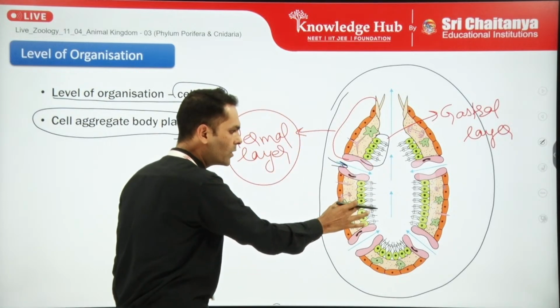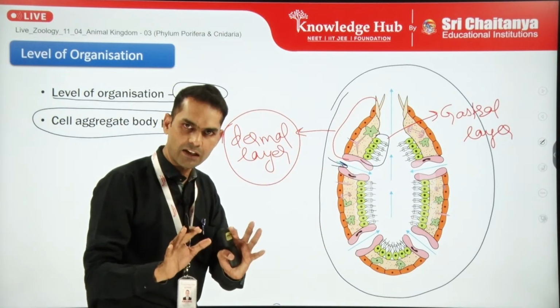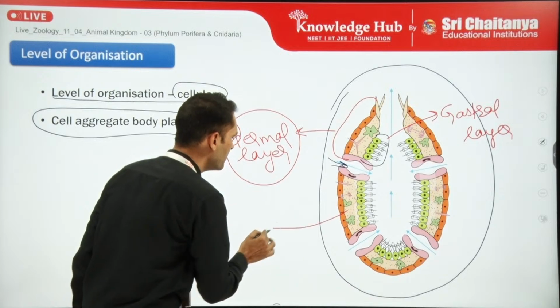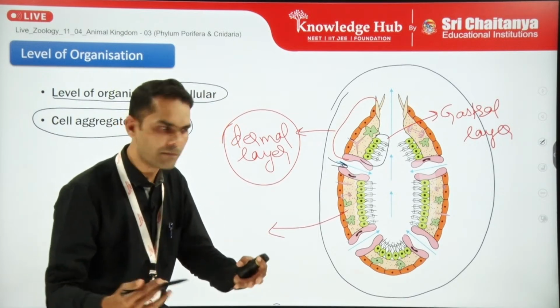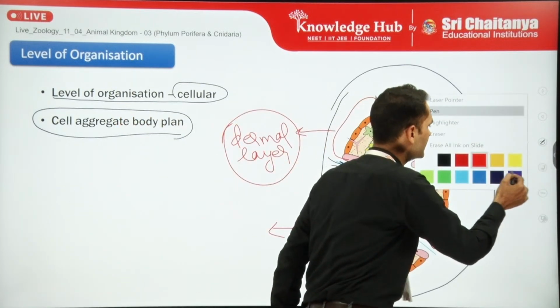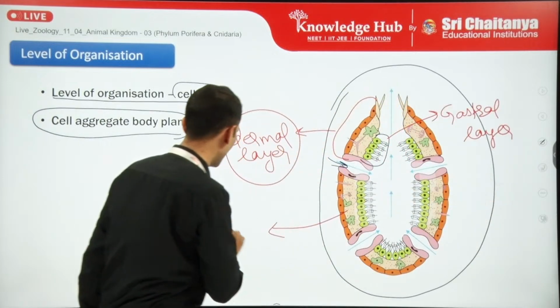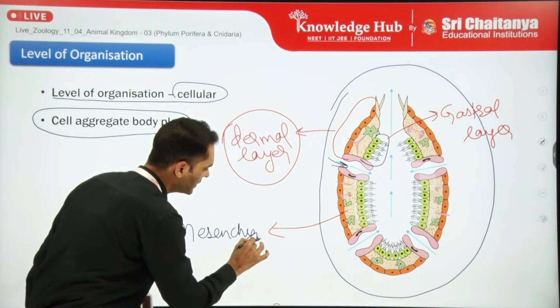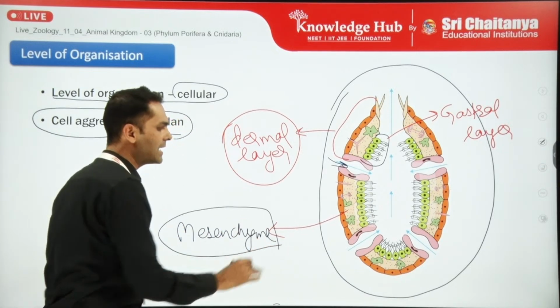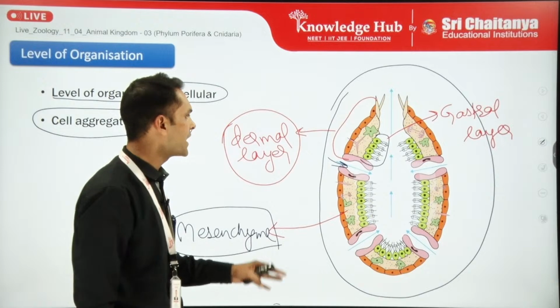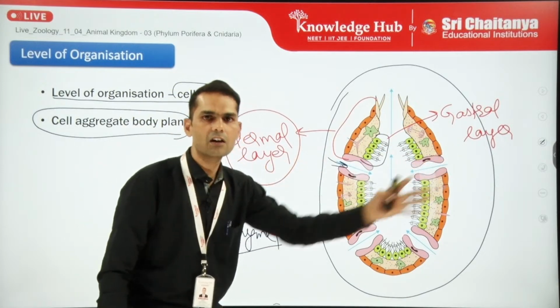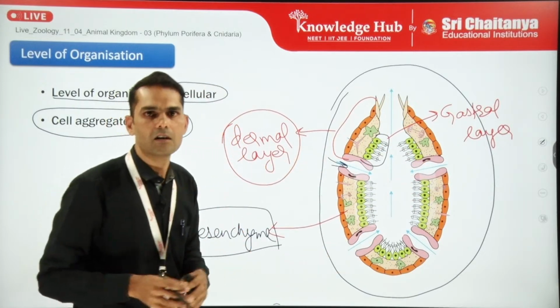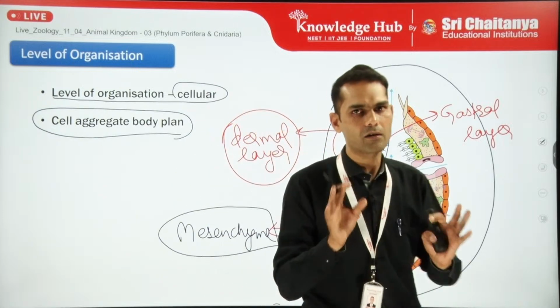In between these two layers, we have a non-cellular layer which we call mesohyl or mesenchyme. So the third layer is the mesohyl or mesenchyme. You must remember that it is a non-cellular layer and these two are cellular layers. So overall we have three layers, two cellular and the middle one non-cellular.